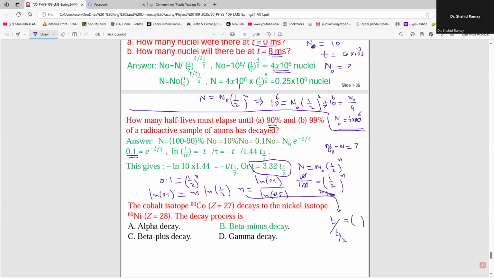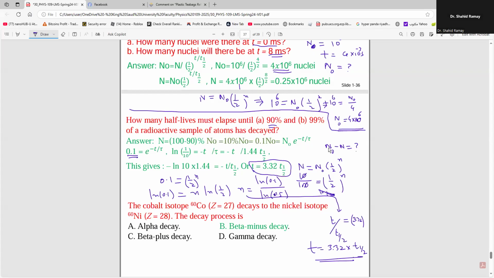Log of 0.1 divided by log of 0.5, if you solve this, the answer is 3.32. So t is equal to 3.32 into t half. So this is the answer.